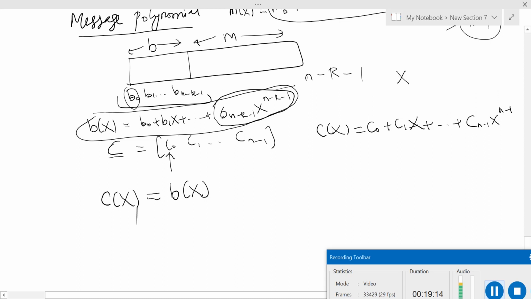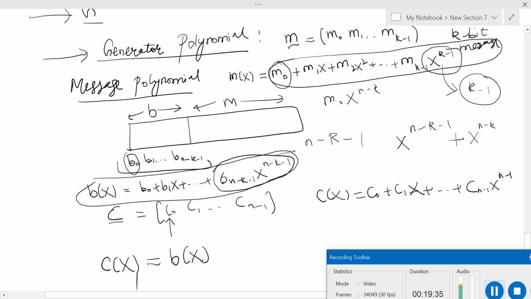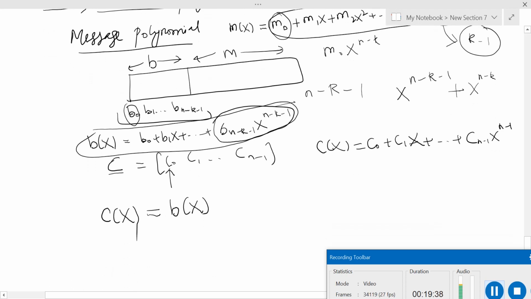The last degree is x to the power n minus k minus 1. After this, the next degree that should come should be n minus k, right? But if you write the message bit directly, you have m0, but it should actually be m0 times x to the power n minus k. Similarly, the last degree for the message is x to the power k minus 1, whereas the last degree should be x to the power n minus 1.